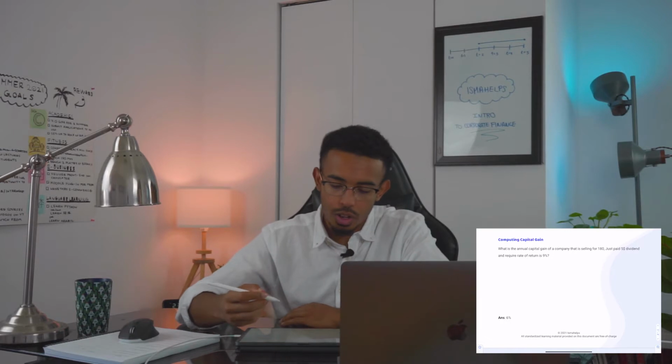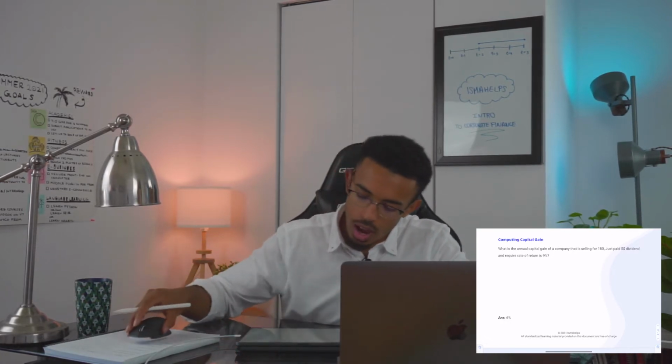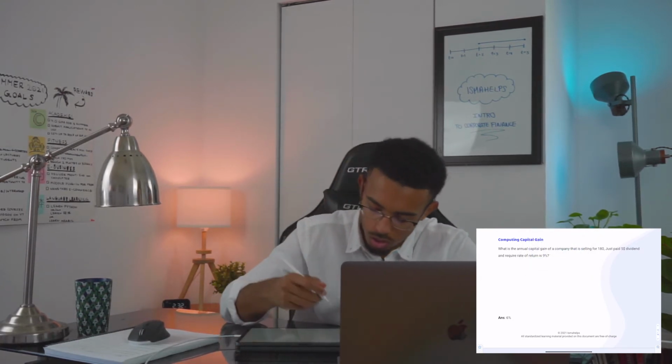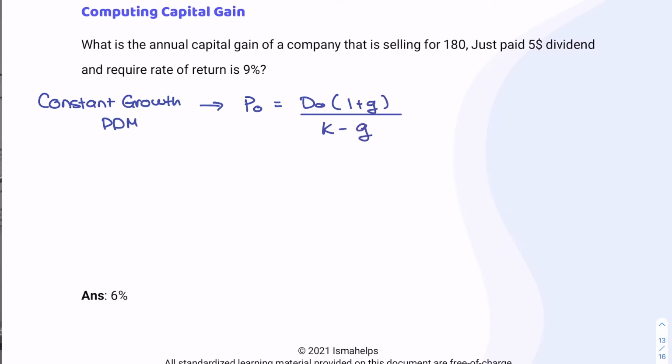So, first things first, we want to define what our formula is all about. So let's do that right now. Our formula when it comes to the constant growth DDM model will look a little bit like this: P0 equals D0 times (1 plus G) over (K minus G).